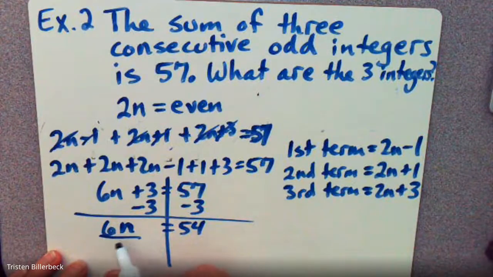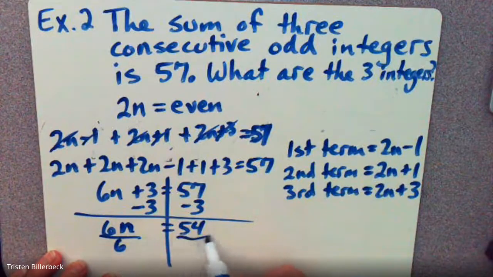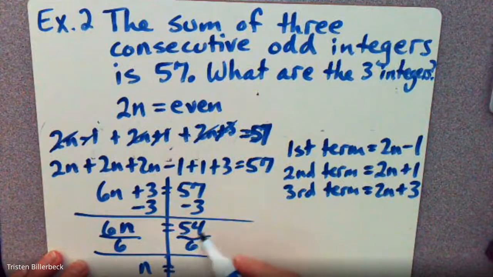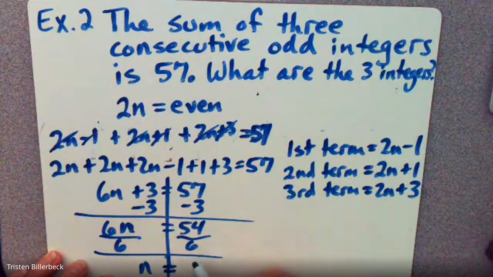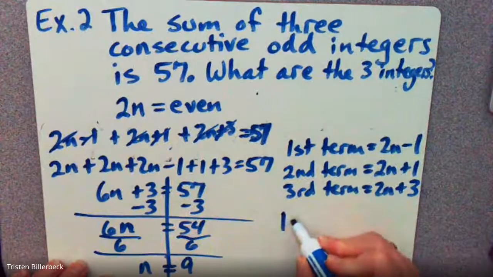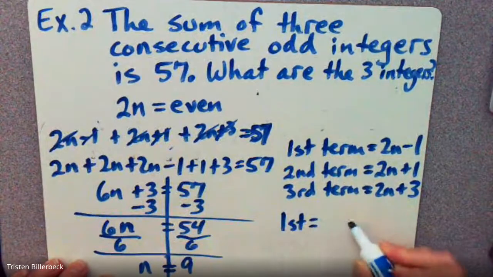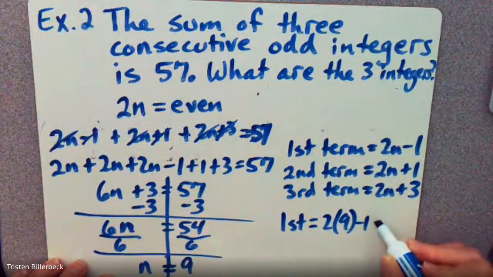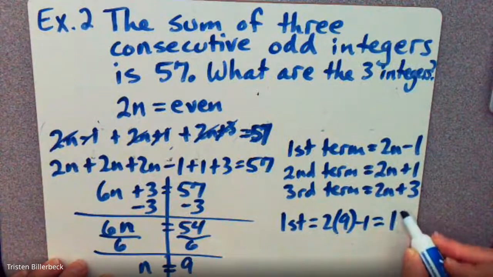Okay, so I divide by 6 using a multiplicative inverse, and I get n equals, it's not my first number, it's just n. So I need to be clear. So 54 divided by 6 is 9. So I said my first term was 2n minus 1. So the first term equals 2 times 9 minus 1, which is 18 minus 1 is 17.